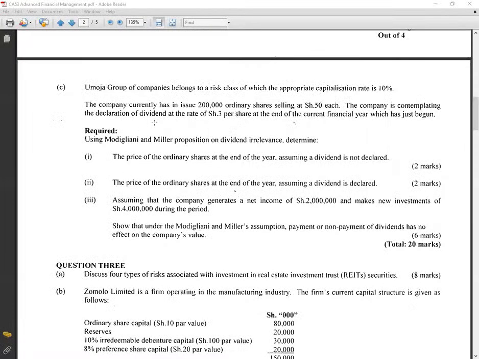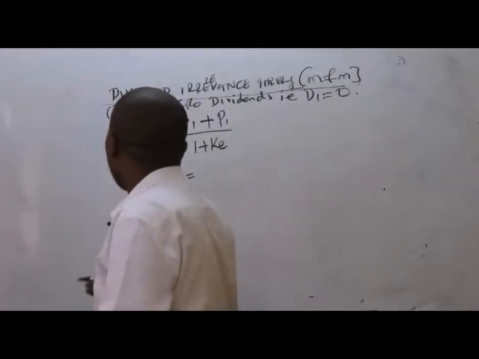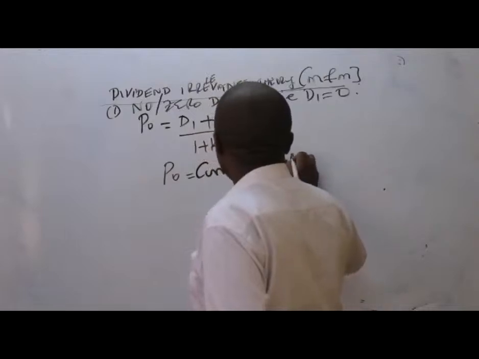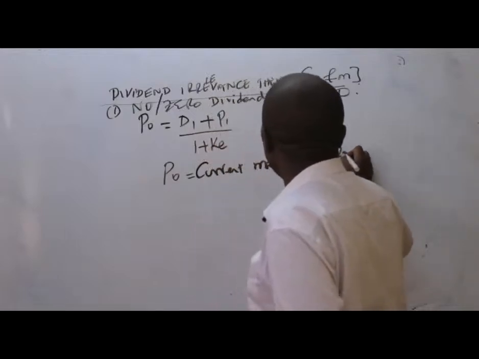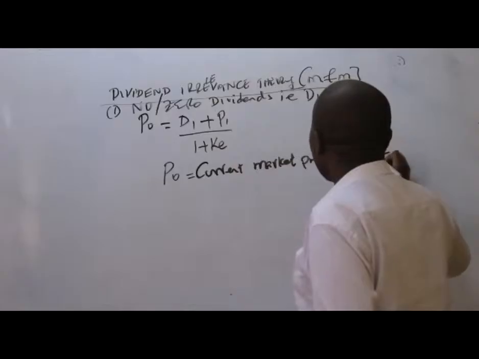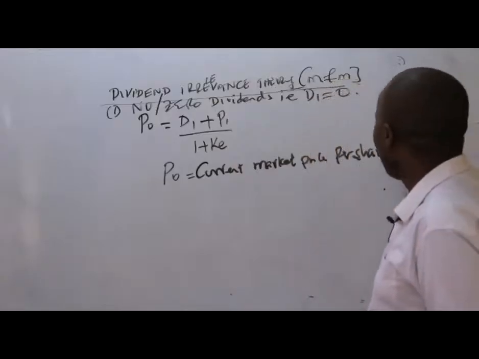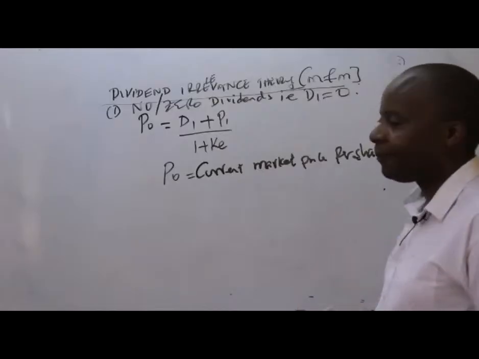They have told me the company currently has in issue 200,000 ordinary shares currently selling at, remember P0 is the current market price per share, which in this case they are telling us is 50.